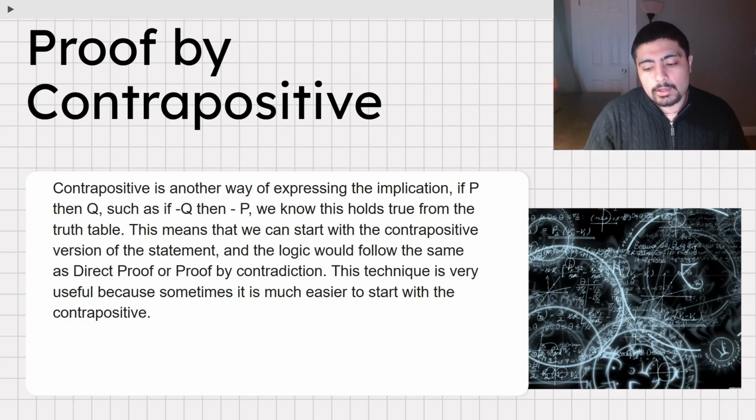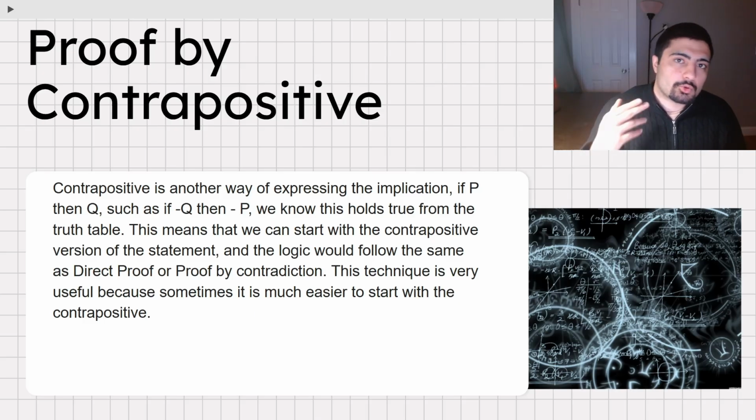So mathematicians said, hey, sometimes it's much better off to use this representation of P implies Q for some theorems, that it will make it much easier to work on. Sometimes the direct proof or the proof by contradiction would work much better the other way around.